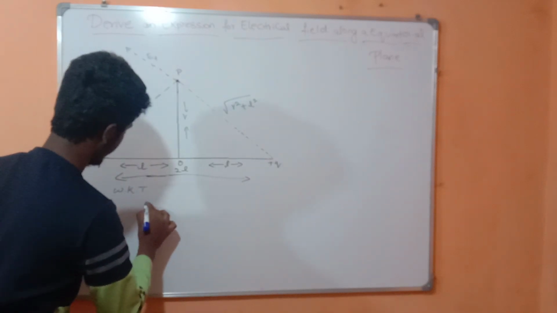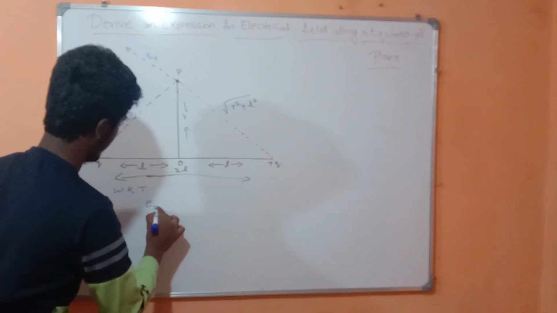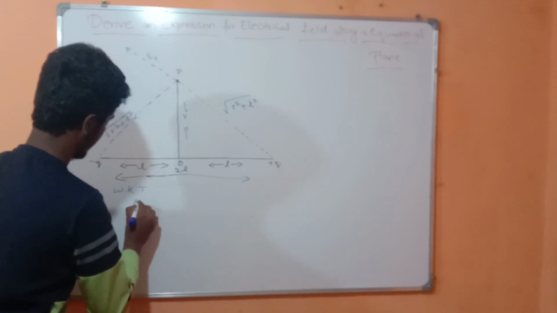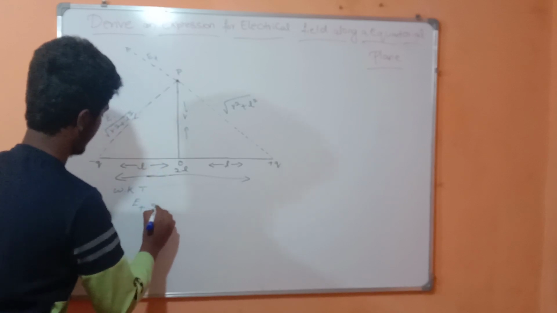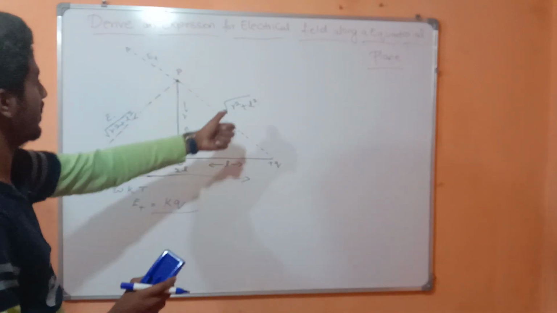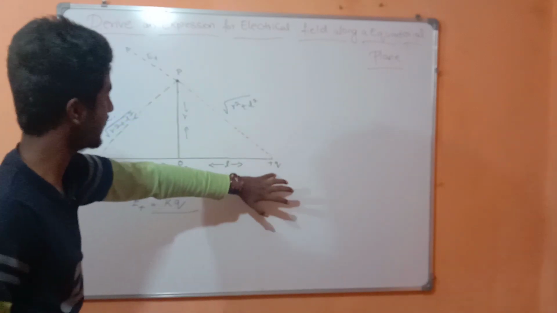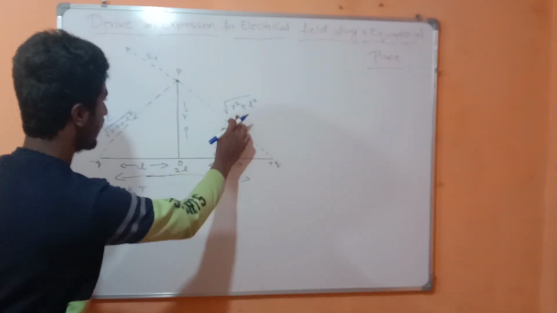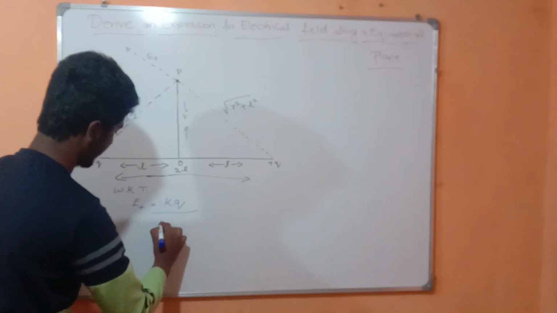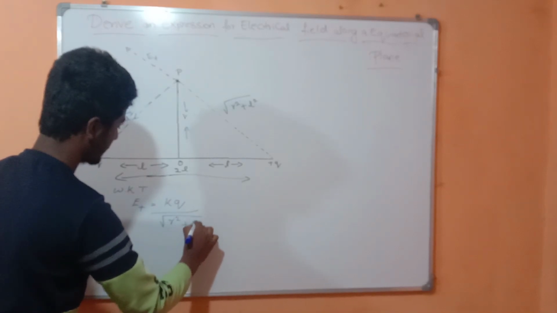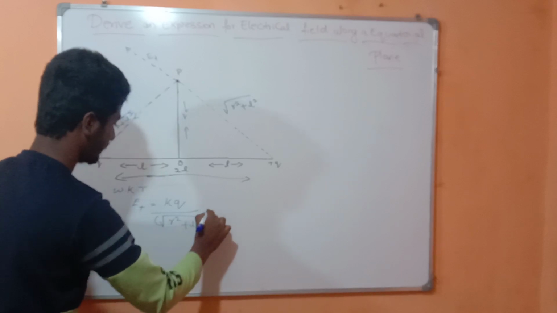How to find E plus? E plus will be equal to K times Q divided by the length from the charge to P, which is root R square plus L square, the whole square.